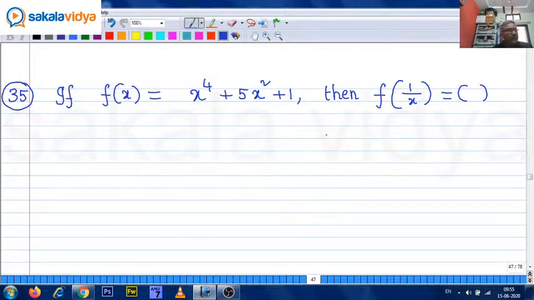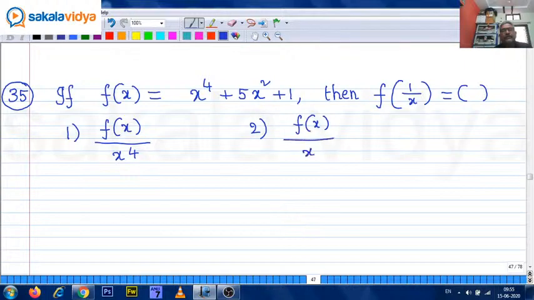Then f of 1 by x. First one, f of x upon x to the power of 4. Second one is f of x upon x cube. Third one, x square times f of x. Fourth one, x to the power of 4 times f of x.